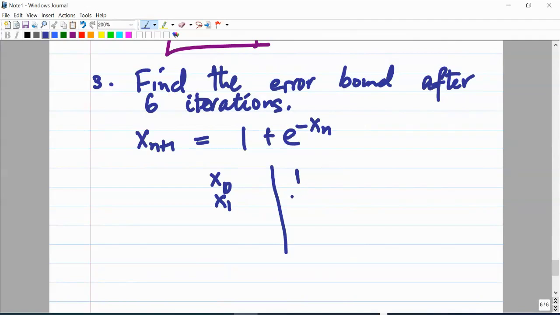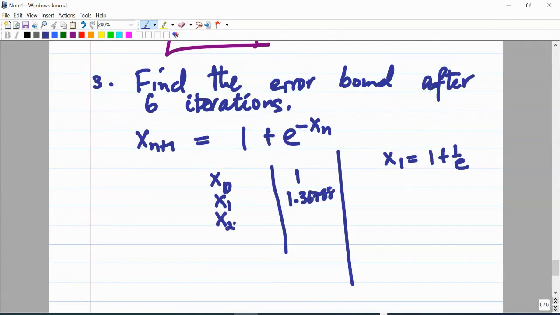We have seen that x1 was equal to 1 plus 1 over e, which is 1.36788. If you continue computing, x2 is equal to 1 plus e to the power minus (1 plus 1 over e), and so forth.